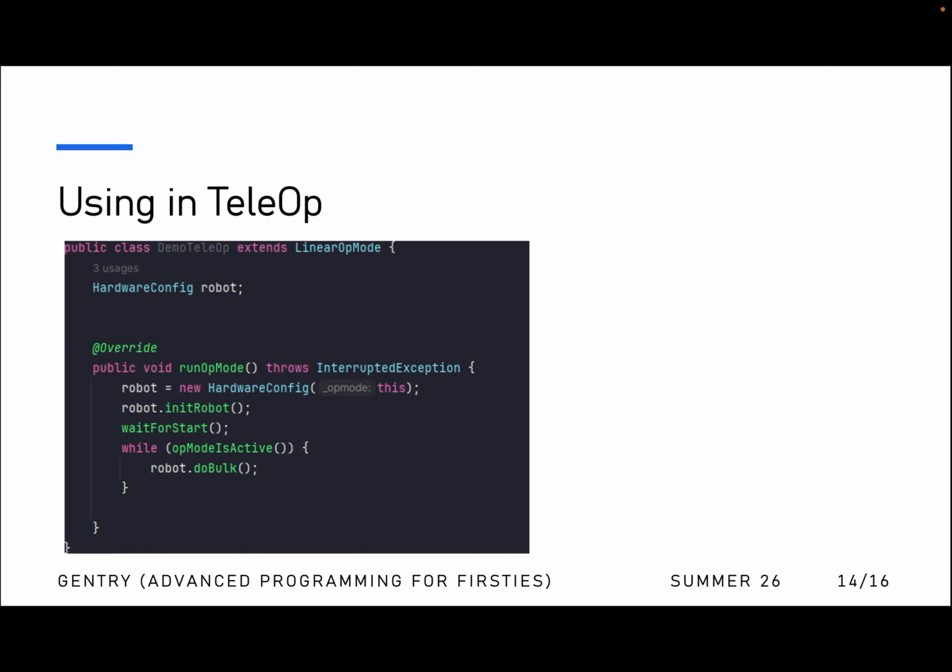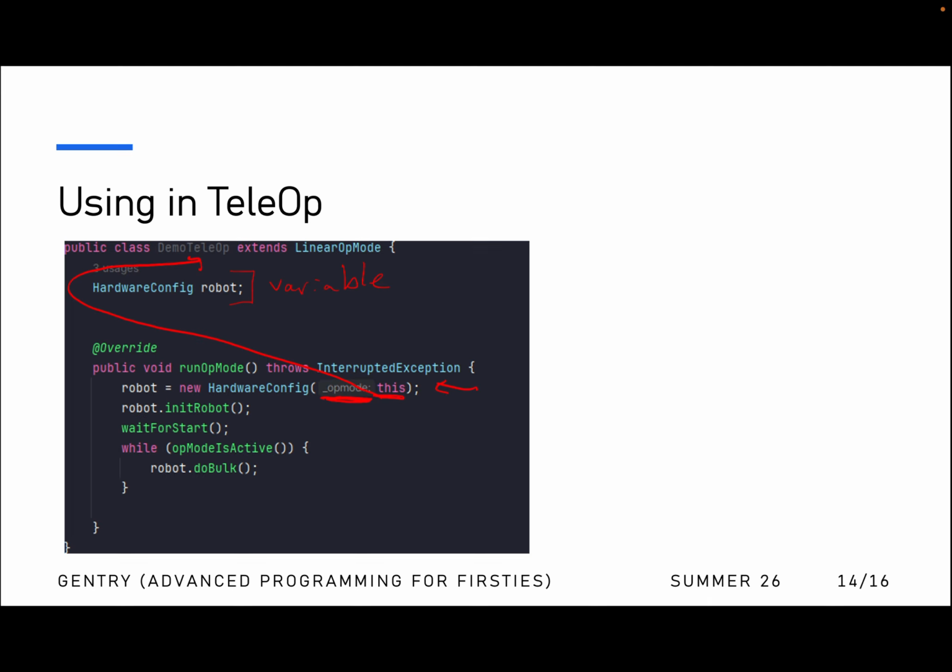So if we want to use this in a teleop, we need to make sure we define our variable up here. So this one's a variable. Then we make sure it's actually defined. And you can see, as for our op mode parameter, we're passing in this, where this is referring to our demo teleop class. So this is going to be able to use the hardware map, the gamepad, the telemetry.